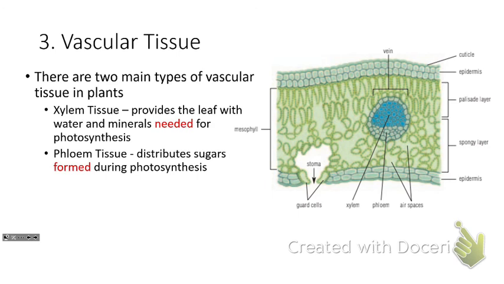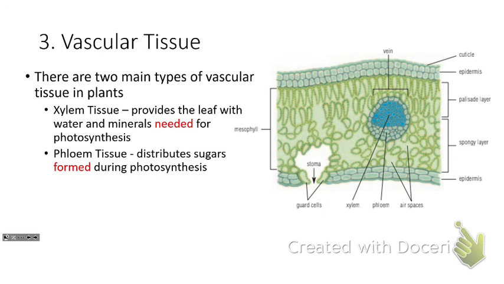We've already talked about this today a little bit. With regards to photosynthesis, tissue number 3 is vascular tissue. There are two main types, xylem and phloem. Xylem provides the leaf with water and minerals needed for photosynthesis, and phloem tissue distributes sugars formed from photosynthesis.